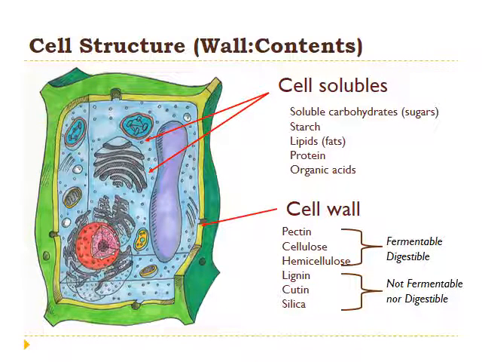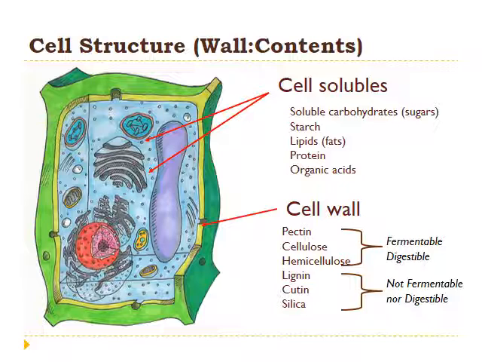Okay, first I said the first most important factor is the cell structure, especially the relationship or the ratio between cell walls and cell contents. The reason that's so important is because the cell contents, inside that cell wall, are mostly soluble compounds. They're compounds that non-ruminants can digest.